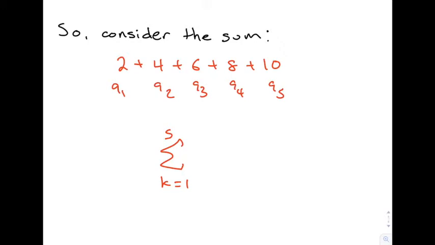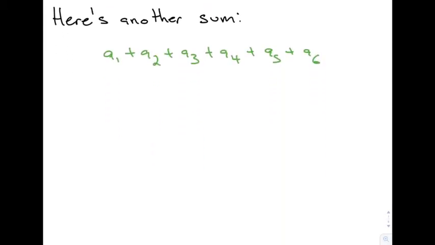Now we need to write the name of this sequence so we can put that inside the sum. Fortunately, this is a pretty easy sequence to identify. This is just 2 times the index, so this will be 2K in this case. So we have the sum of 2K from K equals 1 to 5.